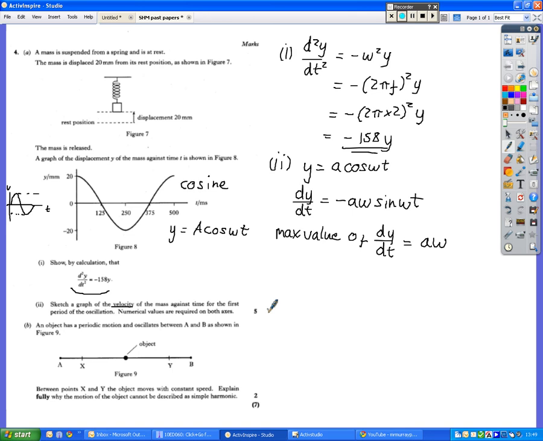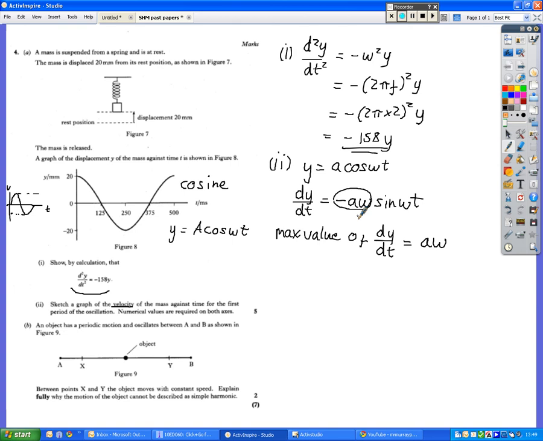If you put a value for omega in here, this is 2 pi times 2, and then you put a value for time in here. Look at these values, they're in milliseconds, so it's going to be a very small value. So you're going to end up multiplying this a omega squared term by a really small number, so that's going to come out very small. So the maximum value of velocity is going to occur at the amplitude multiplied by the angular frequency there.